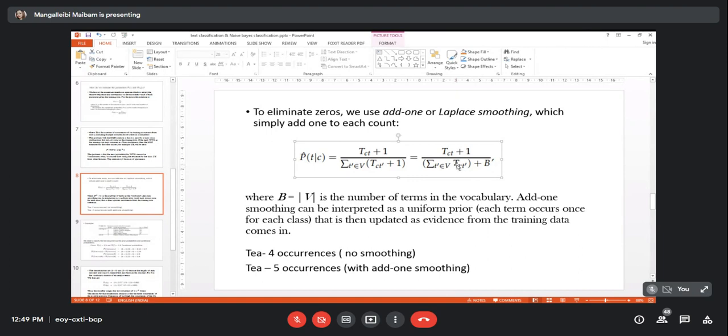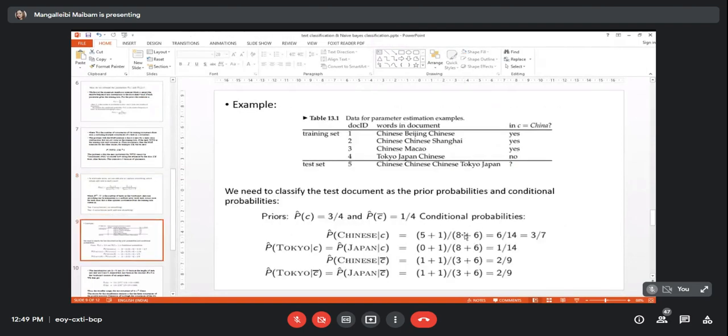This number is the document length, which I have just explained, 8. So 5 plus 1 divided by 8 plus 6. You know how 5 comes, you know how 1 comes. 1 is from the add-one smoothing formula. 8 is the total number of terms in the China class, irrespective of whether repeated or not, which is equal to your document length. And 6 is your what? 6 is what?